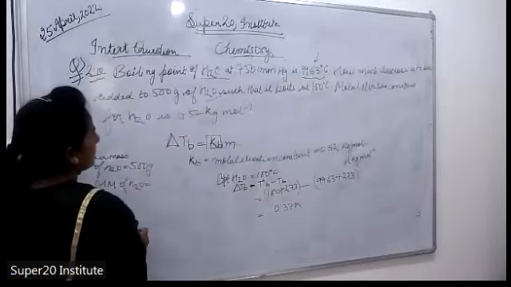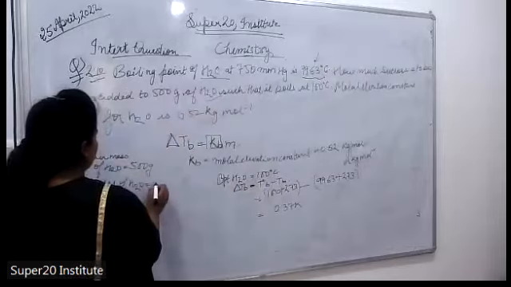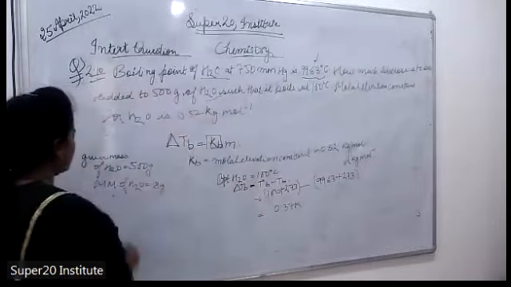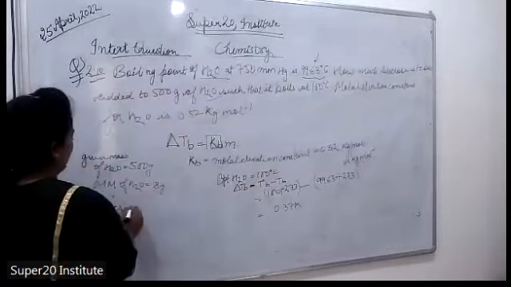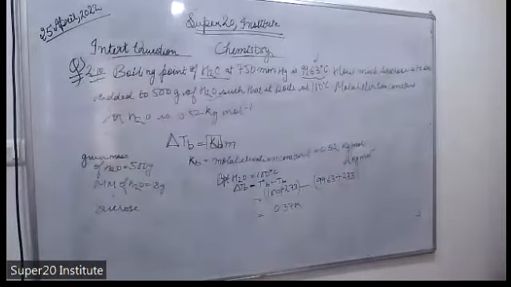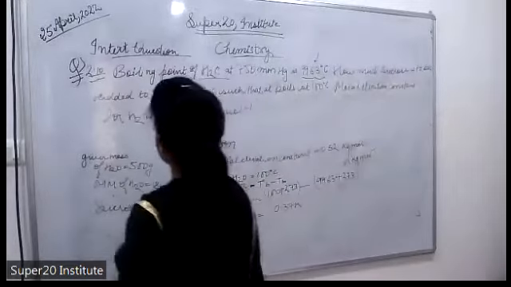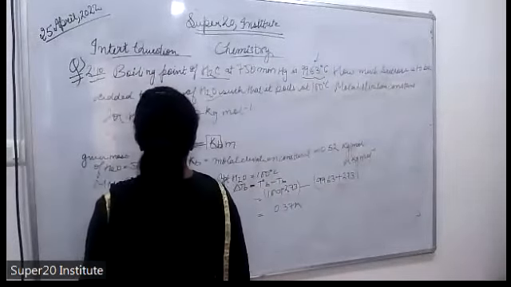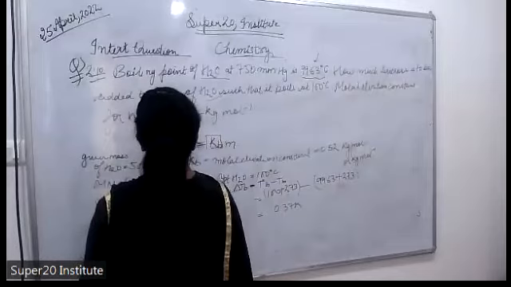What is the molar mass of water? 18 gram. Okay. What about sucrose? So the formula of sucrose will be C12H22O11.